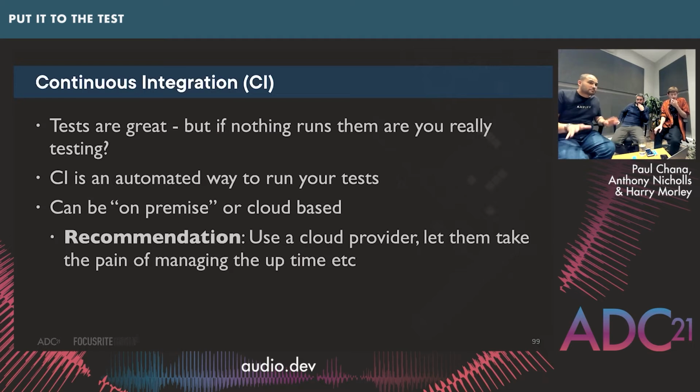My biggest recommendation here is to use a cloud provider. It will take away so much of your pain and let you focus on the bits that you need to focus on. When you have it running on-premise, which we did for all of F expansion, and all of the stuff that I did with Rolly, you are taking on board all of the setup costs.